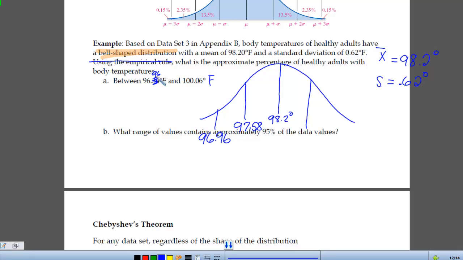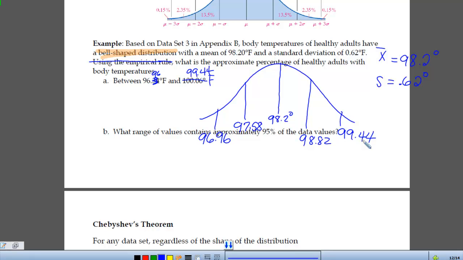If I add 0.62 to the mean, we get 98.82. And if I add it again, I get 99.44. Let's call this that. Sorry. So what we would do is add and subtract until we get the numbers that we're interested in.